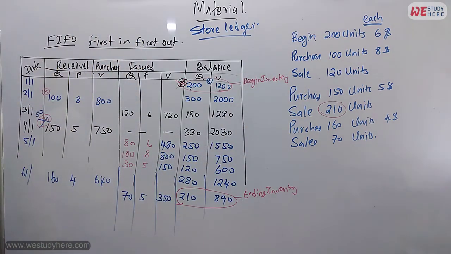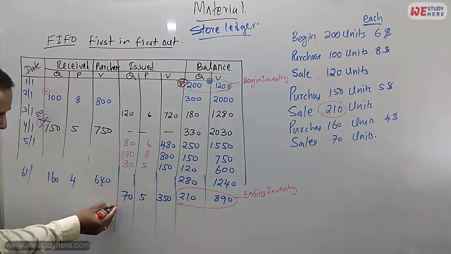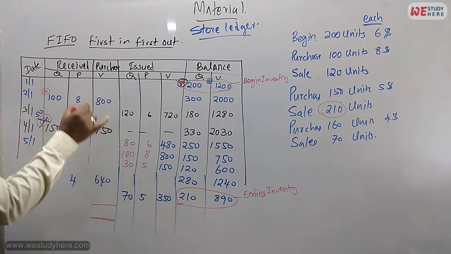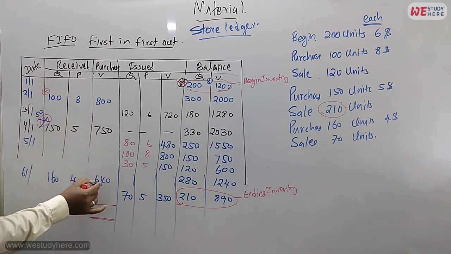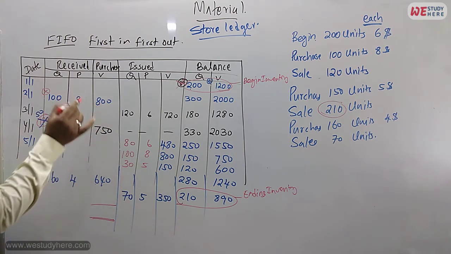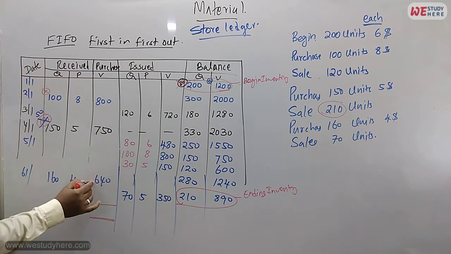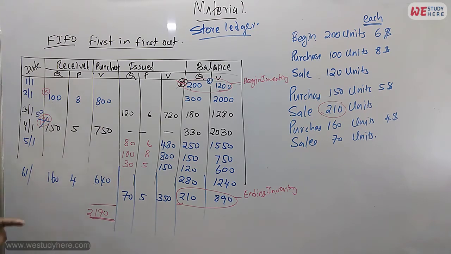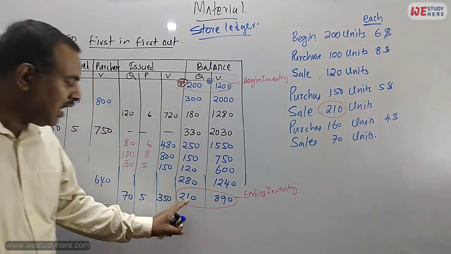The next one, if we add all the purchases, 800, 750, 640. That means 800, 1500, 2190.